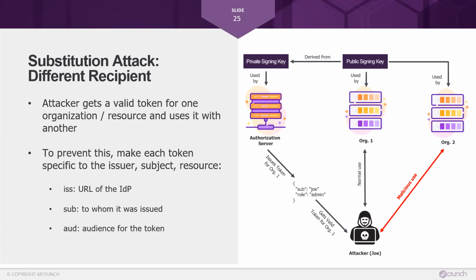Meaning that if some guy requests an access token, he will have to say, okay, I request an access token to do this and that on my stuff. And then you give him the access token, the JWT token, and then he will use the JWT token to try to access some other stuff and do some other thing. And you should be able to say, no, that's not possible. The JWT token that I generated was to do this and that, and you're trying to do some other stuff on some other data. And you must be able to spot that.